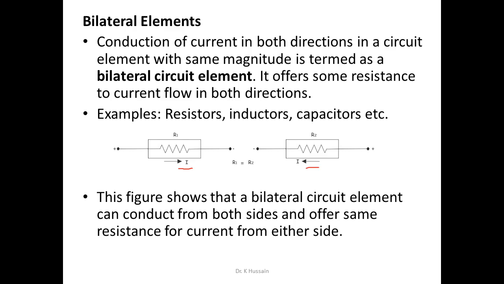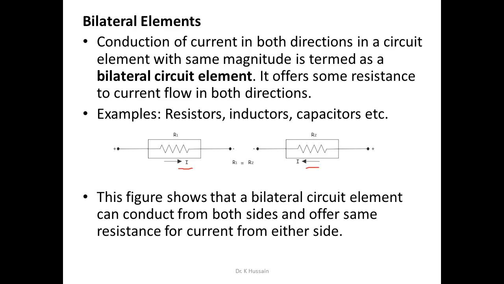So here bilateral means current flows in both directions. But the only thing you have to see is, either in the forward direction or reverse direction, the current magnitude should be the same. Then only it is a bidirectional element. If it has different values, then it is not.